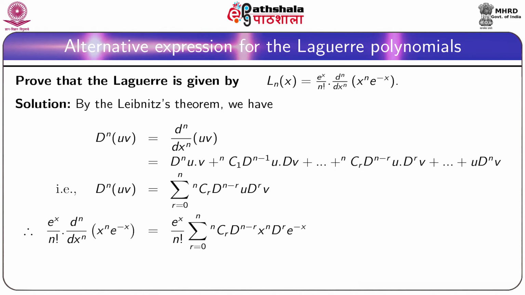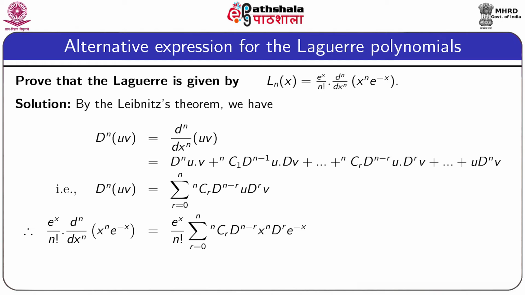Therefore, if we take the right hand side of the given expression, we will get e^x divided by n factorial, the nth derivative of the product of two functions x^n and e^(-x).